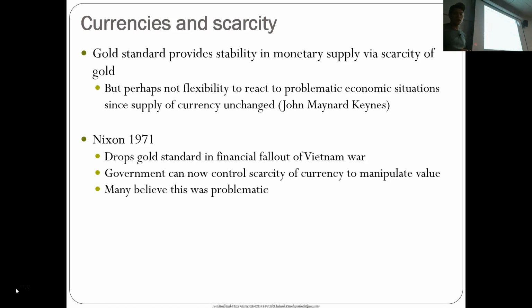And this sort of led, because we don't know how to manage an economy where we get to print how much money is out there, to things like this huge inflationary period where we were printing too much money in the late 70s, and then it caused some other issues in our economy. So many people believe that this was problematic, and we're still trying to get this right. How much money do you print to keep the thing going without it all falling over like a house of cards?